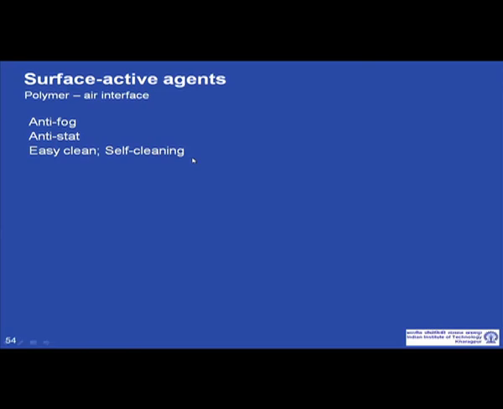Easy clean or self-cleaning type additives are basically very hydrophobic additives, which on migrating to the surface make the polymer surface very hydrophobic, to such an extent that when water droplets condense on it, they cannot hold on to the surface. They basically roll off, because the contact angle between the water and the polymeric surface is very high.